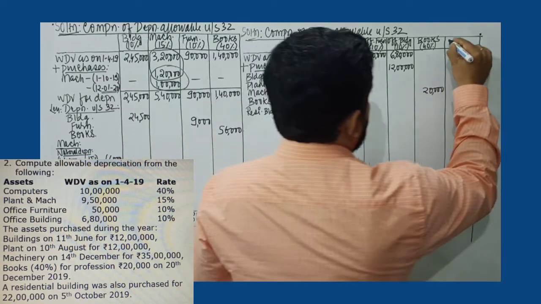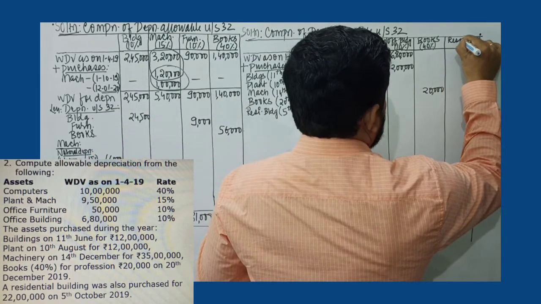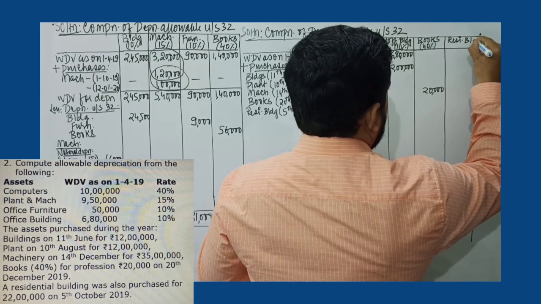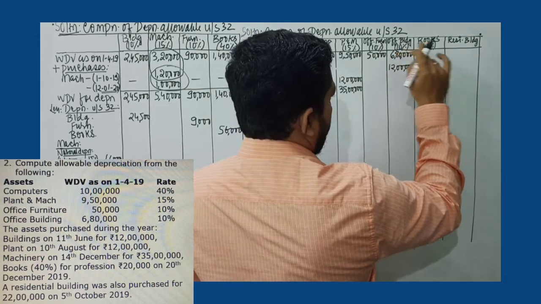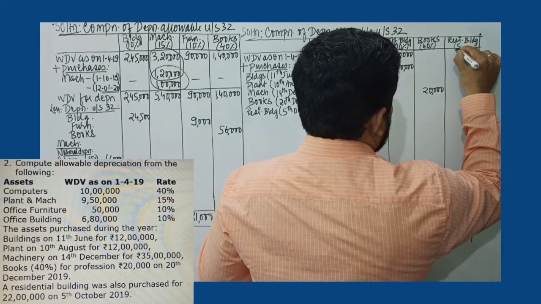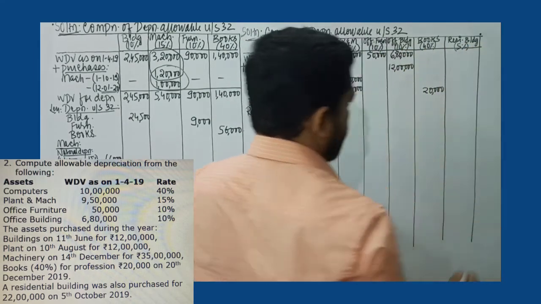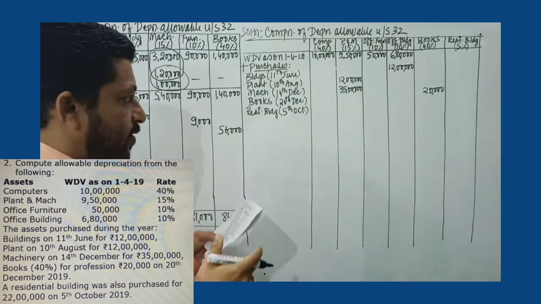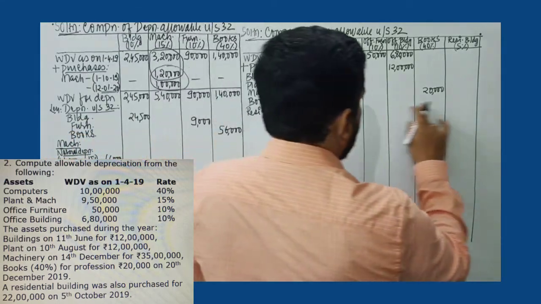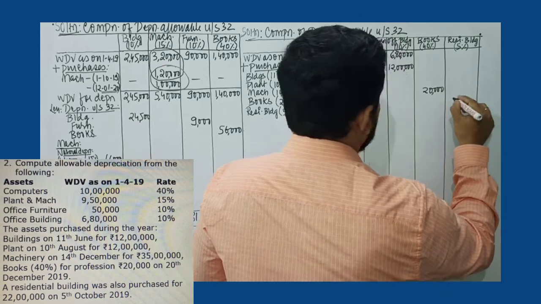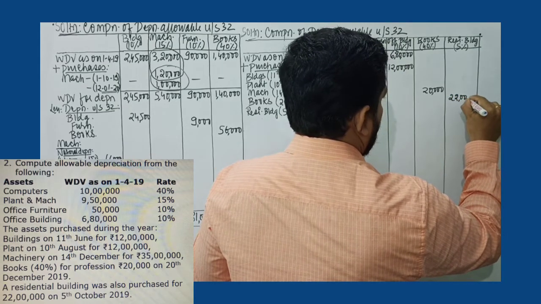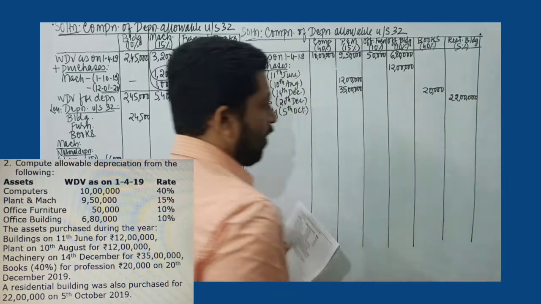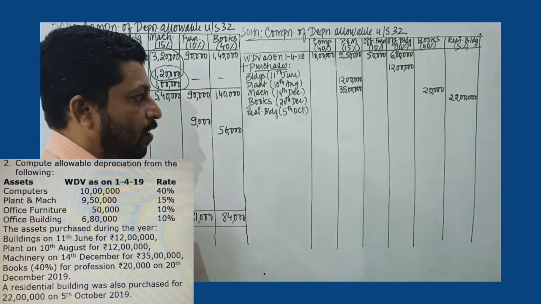So I name this as residential building, and very important, as I mentioned, for office building the depreciation block rate is 10%, but when it comes to residential building the depreciation block rate is only 5%, and the value of residential building purchased is 22 lakhs. So I record 22 lakhs in the residential building block column.